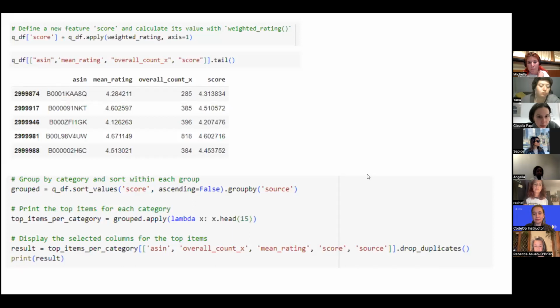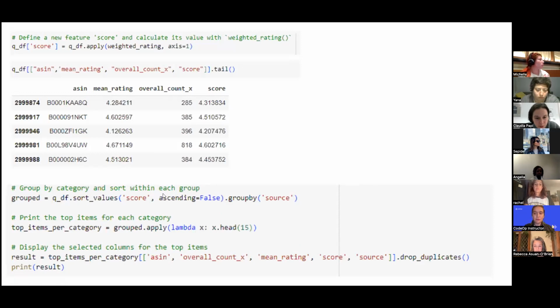Okay, because it's a very simple popularity recommending system, if you want to add a bit of variety, you could group it by, in this case, source, so the type, meaning Kindles or music, so that if the user wants to be recommended music, they can get that as well, and not just the most popular item across the whole data frame.